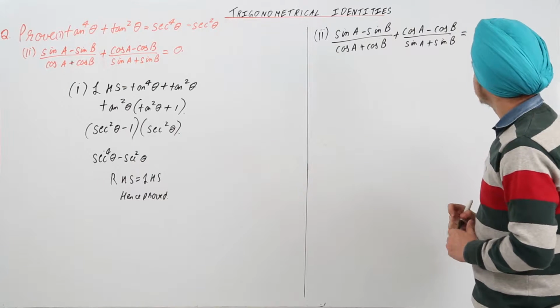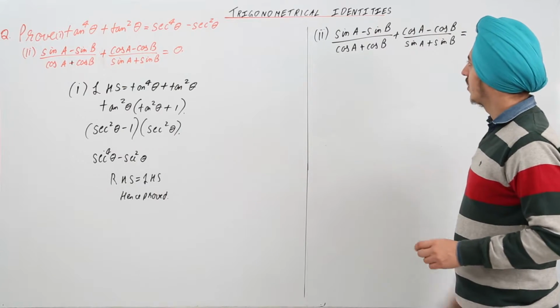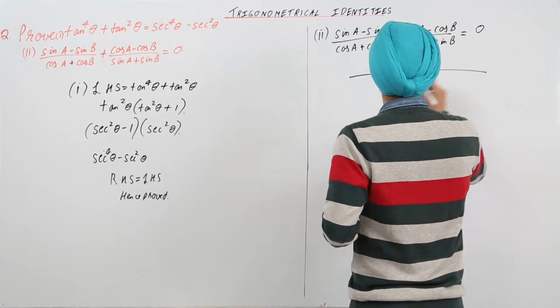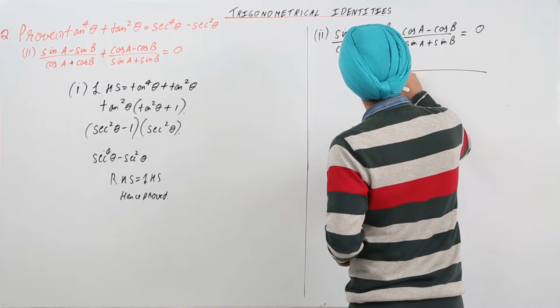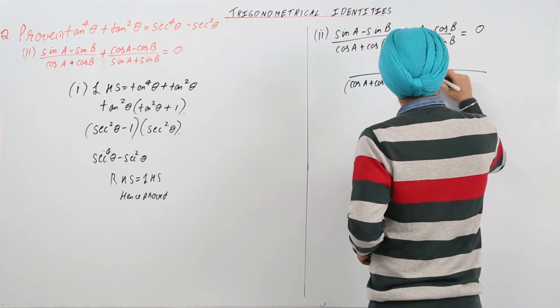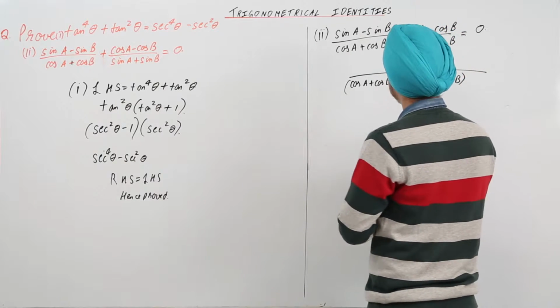So now what happens is that we first of all take the LCM and cross multiply. So what we do is that we take the LCM. LCM is equal to cos A plus cos B into sine A plus sine B. Am I right? This is the LCM.